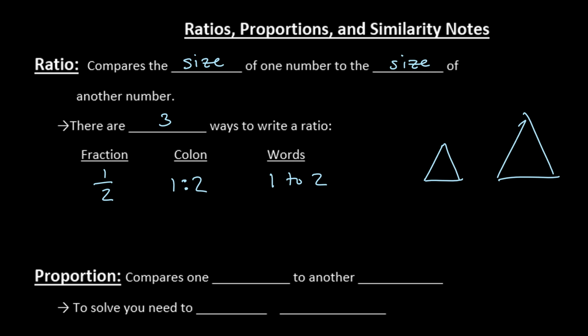What does that mean? The smaller one is half. So this first triangle is half of the size of the second triangle. If I say it has a ratio of 1 to 2, it means that the bigger triangle is double the size.